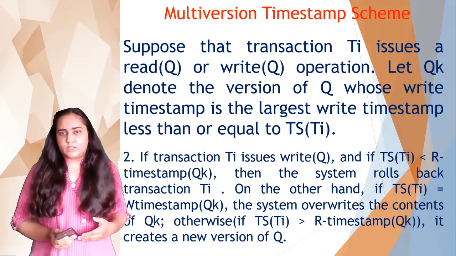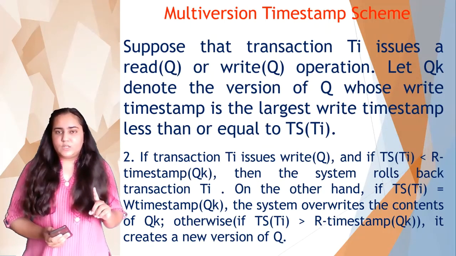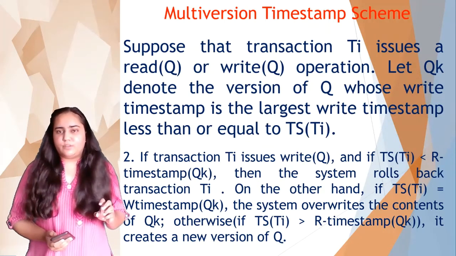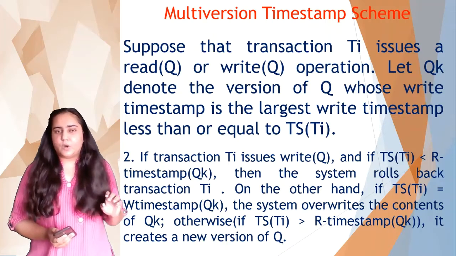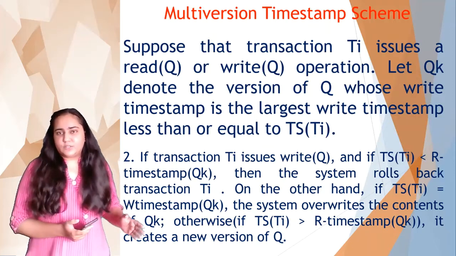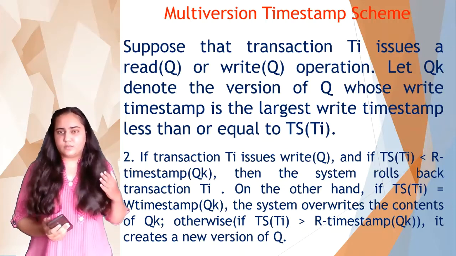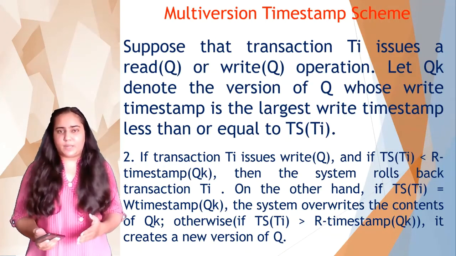But if it is write Q, then you need to check several things. The first thing you need to check is if the timestamp of Ti is less than the R timestamp of QK. Remember that the R timestamp of QK is what I explained to you a little while ago. If you have forgotten it, please review that once again and then come back here.